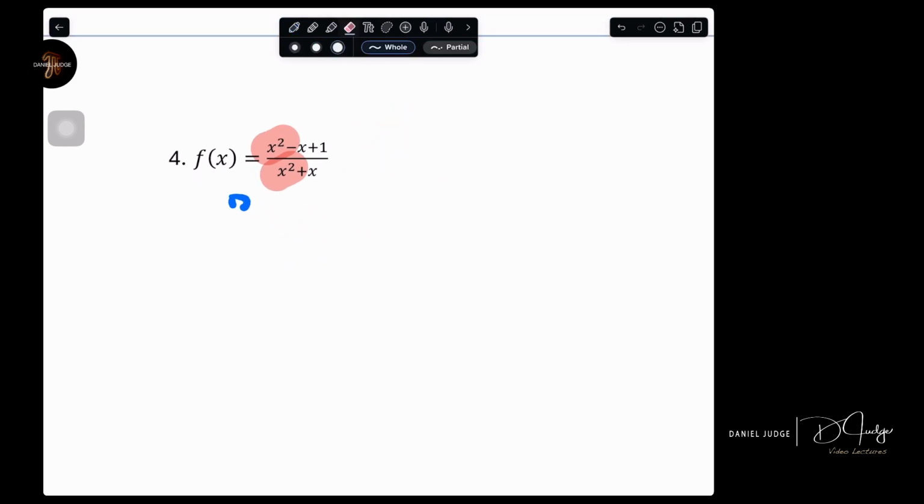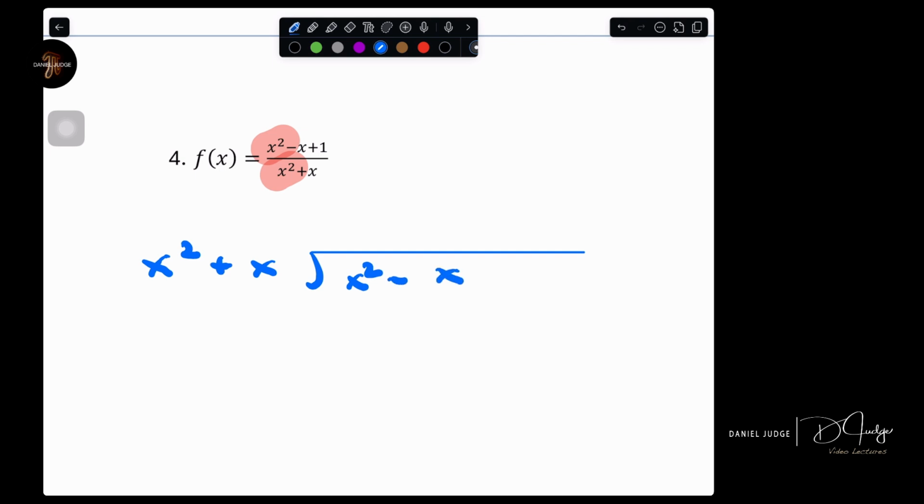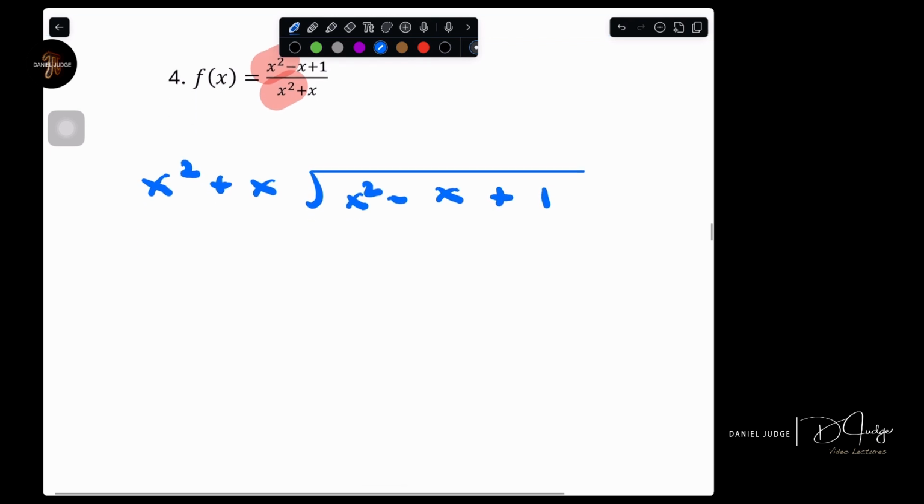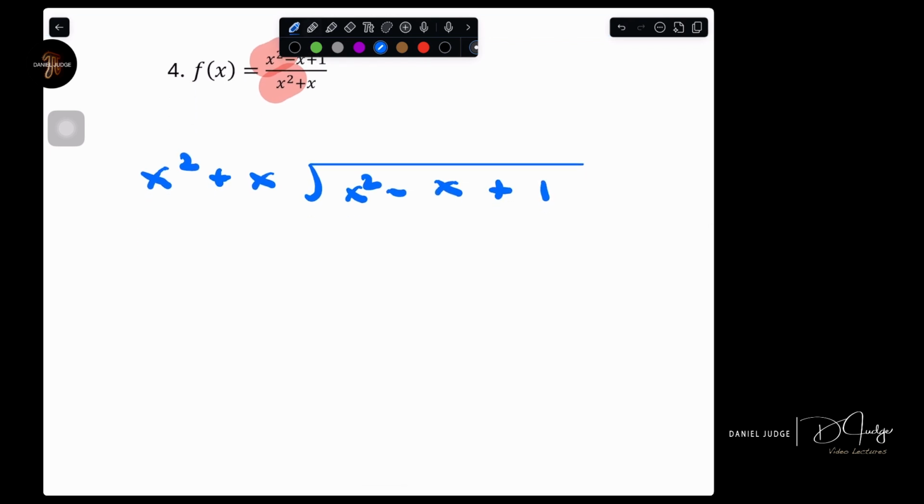We're going to have to do some division here, because the degree of the numerator has to be smaller than the degree of the denominator. So let's do some long division and remember how this works. We're going to take this first term here, the x squared.